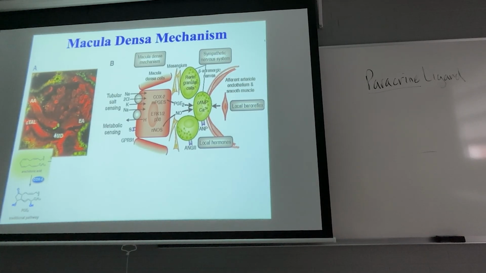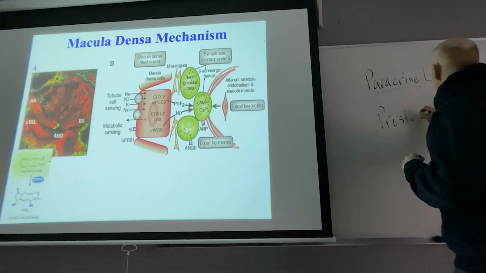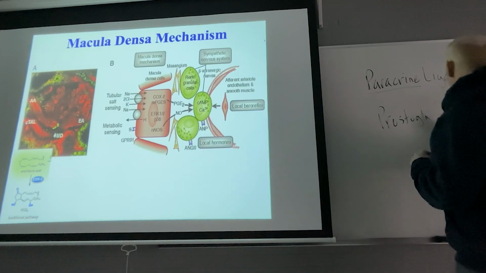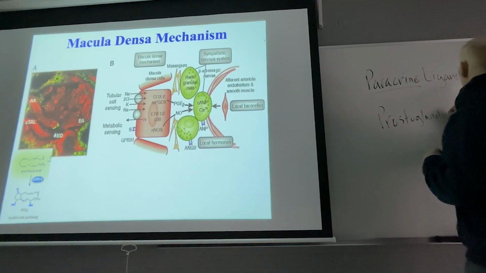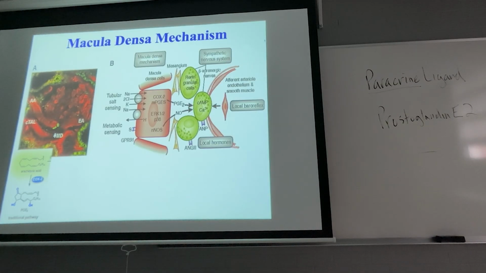So in this instance, it's going to work in the kidneys only, and it is called PGE2, which is a prostaglandin. Prostaglandins are paracrine signals. PGE2 stands for prostaglandin E2.